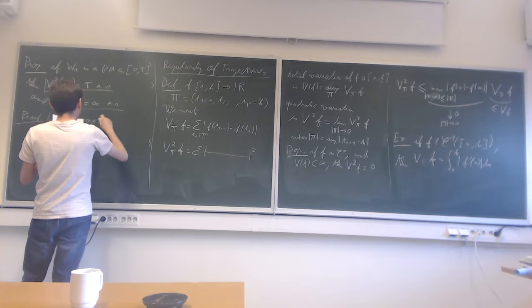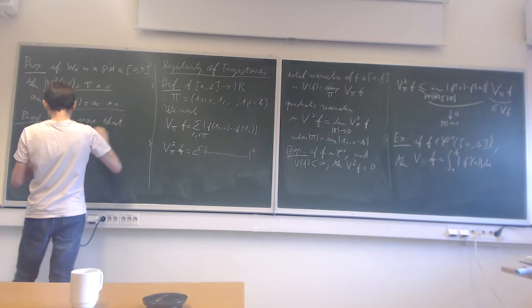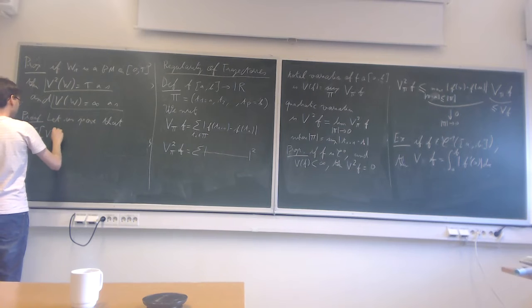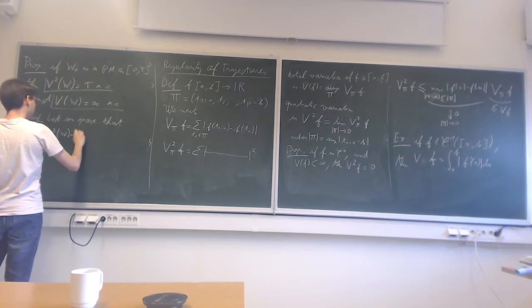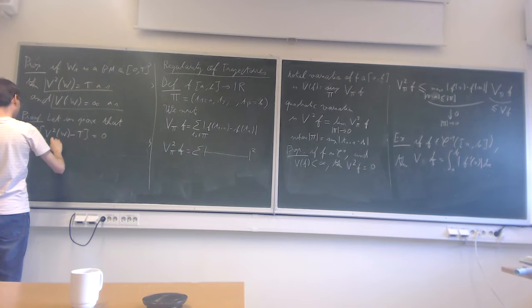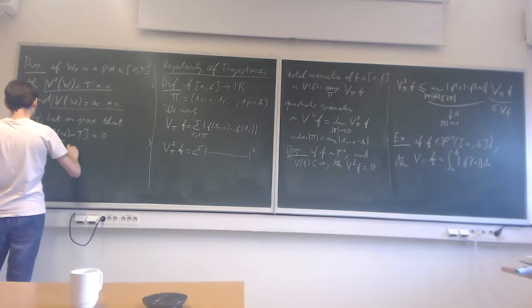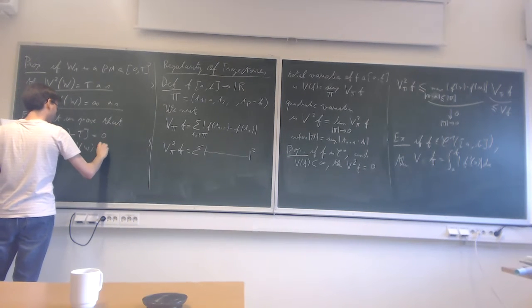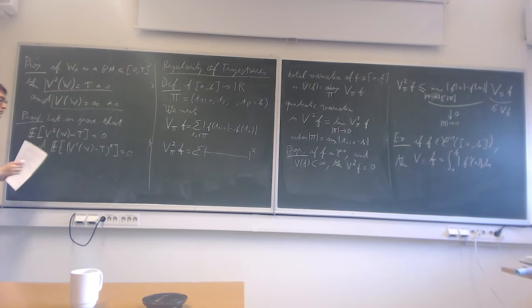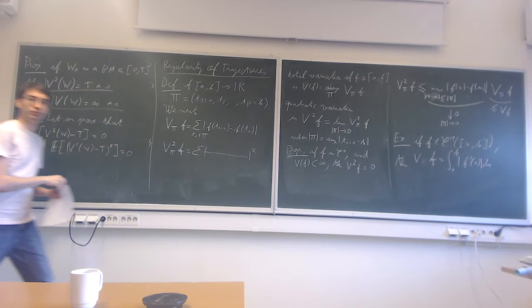Let us prove that this is true in expectation. So the expectation of V2 of W minus T is equal to 0, and the expectation of V2 of W minus T squared is equal to 0. We needed to prove it.